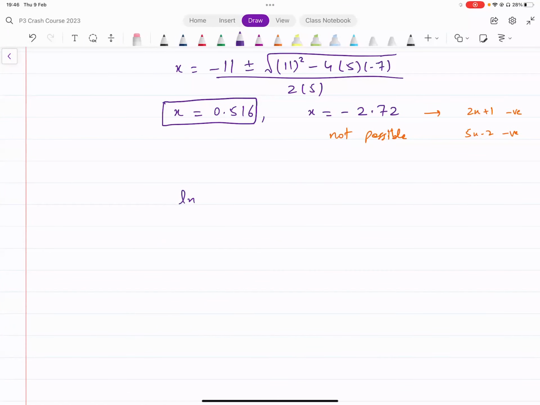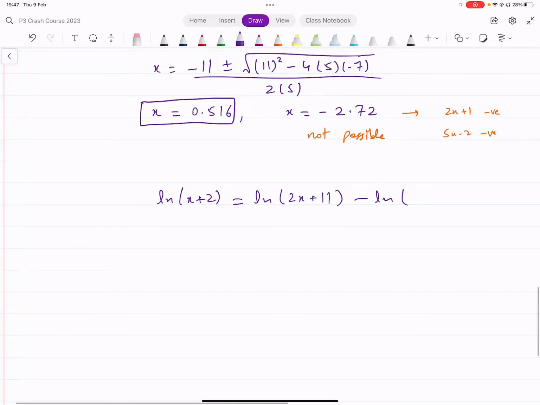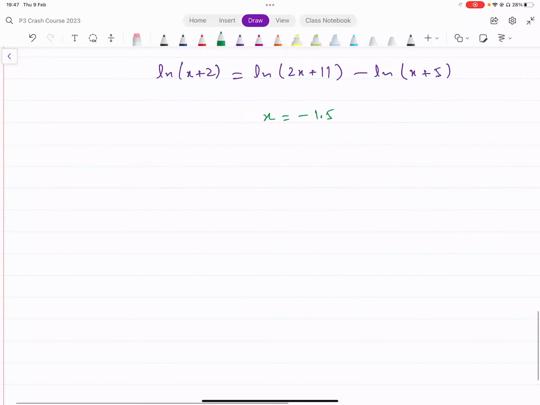For example, if you had an equation like ln of x plus 2 equals ln of 2x plus 11, minus ln of x plus 5. Just as an example, let's assume you ended up getting an answer which was minus 1.5 for this. It's just an assumption. Now, you would not just ignore this answer because it's a negative value.